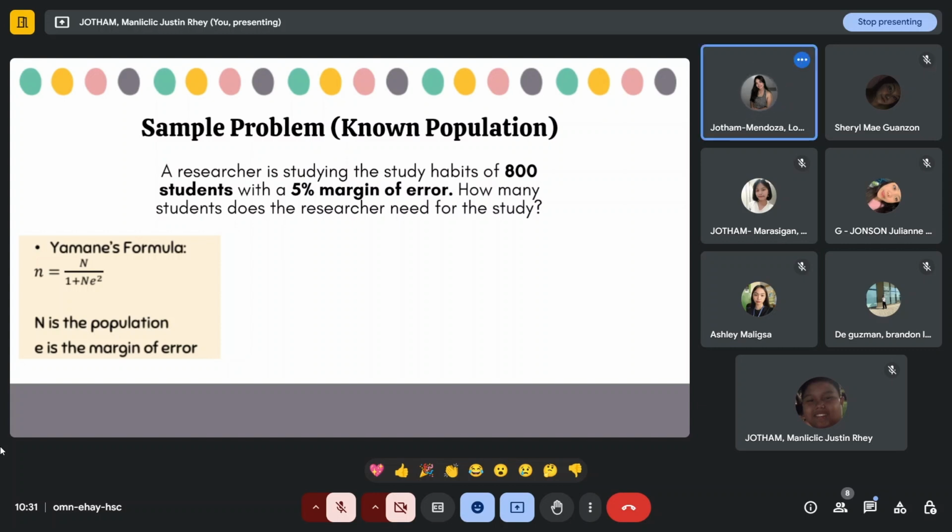So before we proceed, can anyone compute the calculation using the given values in Yamane's formula and give me the final answer?